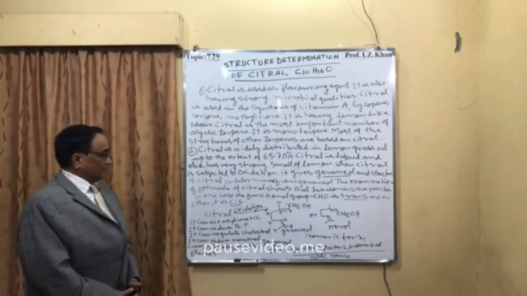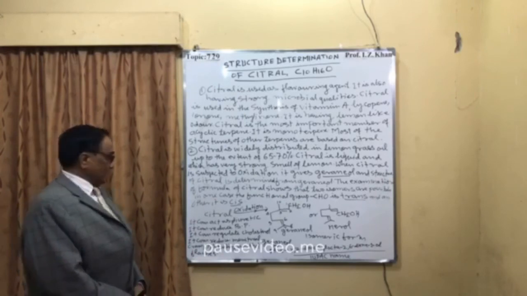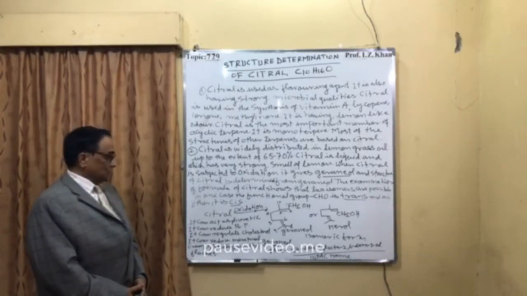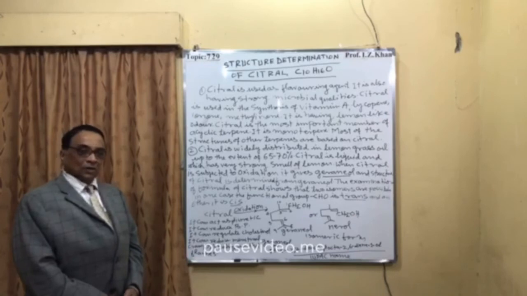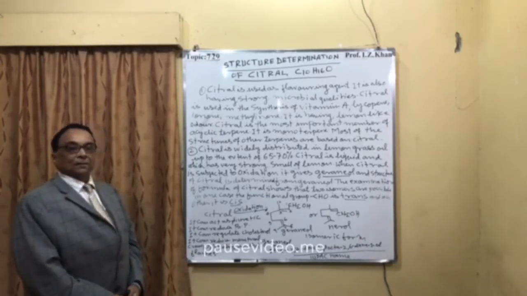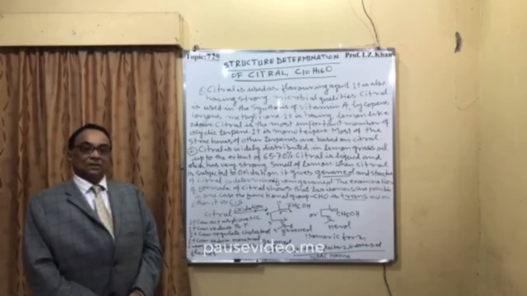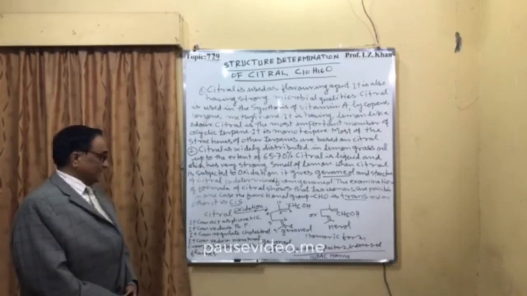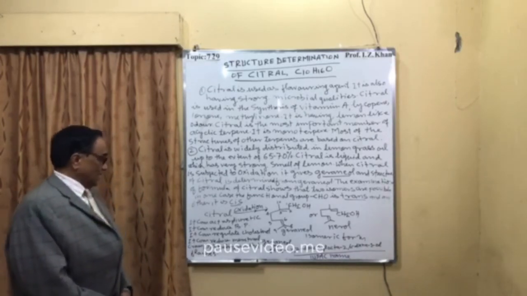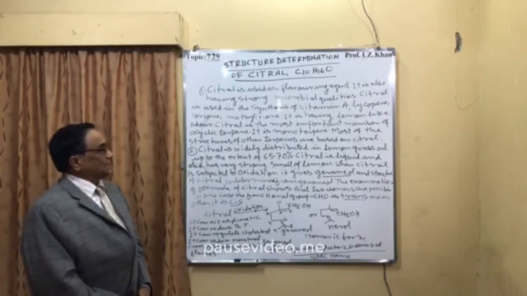And citral can act as a diuretic, and secondly, it can reduce the blood pressure. It can control the blood pressure. It can regulate the cholesterol, meaning the bad cholesterol can be reduced in the presence of citral. And next, it can reduce menstrual cramps, bloating and hot flashes.